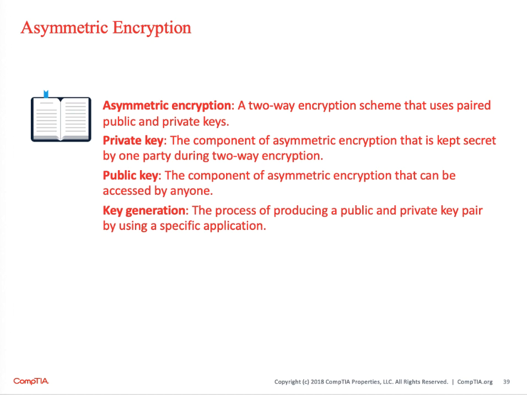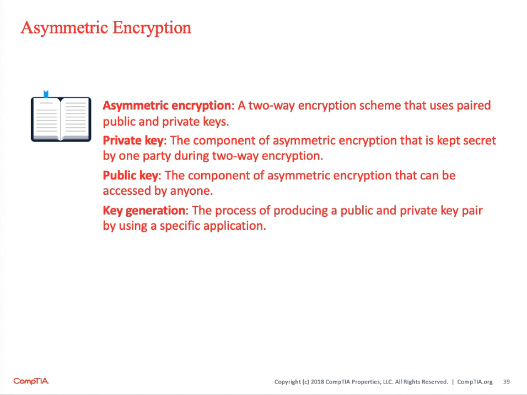So in this case, I keep that hidden to me. Nobody gets my private key but me. But a public key can be accessed by anyone. It's another piece that's part of my key pair. So everybody gets my public key, and I keep my private key.